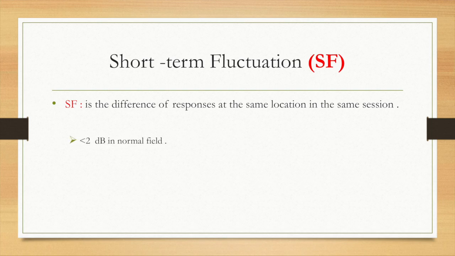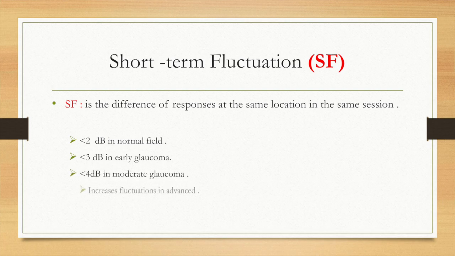It is normal when the short-term fluctuation is less than 2 decibel, and it is less than 3 decibel in early glaucoma and less than 4 decibel in moderate glaucoma, and it is higher than that and increases in advanced glaucoma.